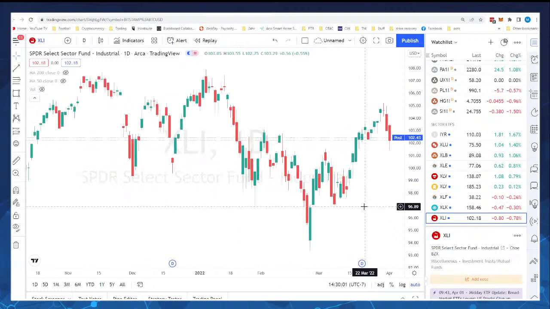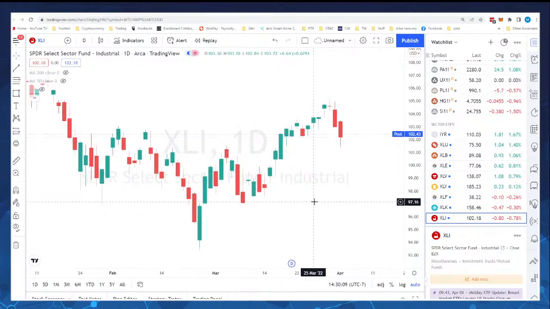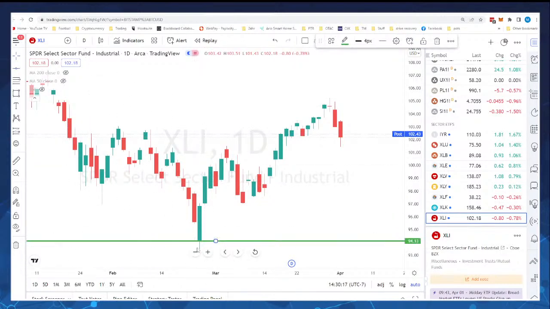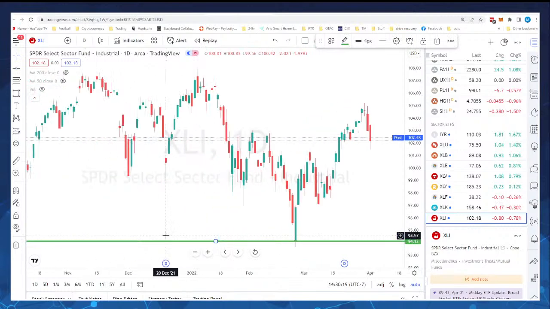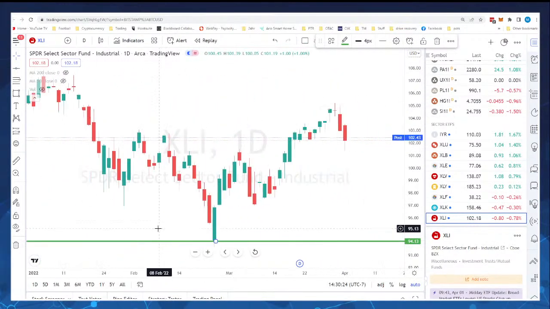Do I think industrials are going to dive and take a dump? I don't think we'll see a huge slide, but I might find a level where I'll collect some premium that's going to be worth the risk to me. And I'll say, where am I interested in? So, for example, I've got a line way down here, which is the low we saw back on February 24th. I look at that line. That to me is an absolute line in the sand. Well, on Monday, I may look at this and say, I'll sell the 94 put options for XLI.